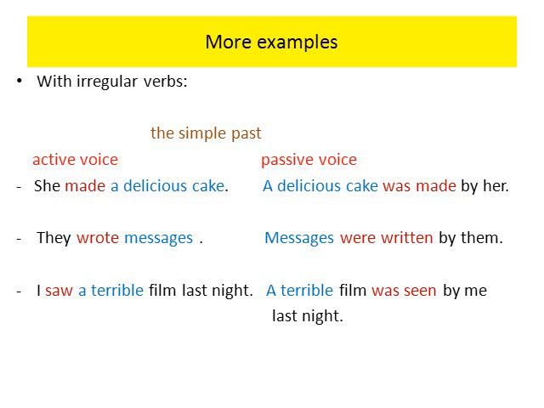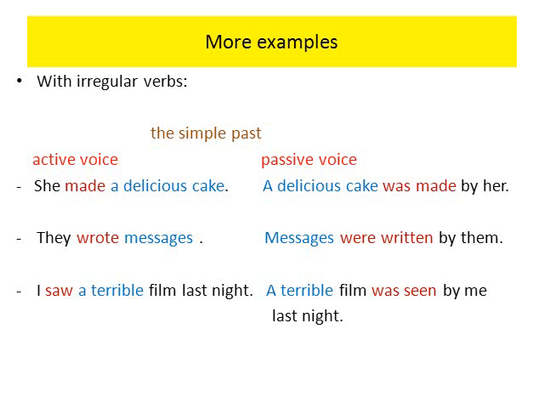So with irregular verbs in the simple past, active voice: she made a delicious cake. Passive voice: a delicious cake was made by her. They wrote messages. Messages were written by them. I saw a terrible film last night. A terrible film was seen by me last night.